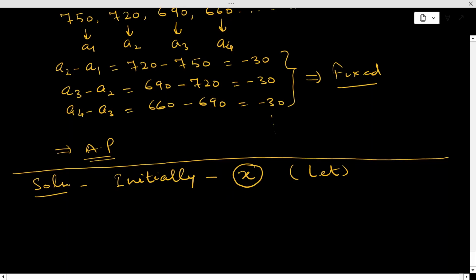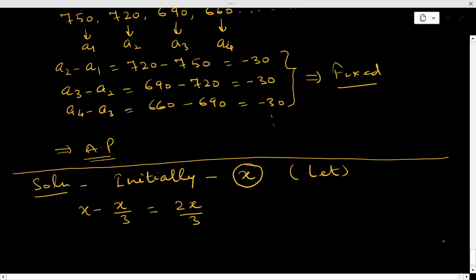So initially we are having the volume of the air as X, and the pump will remove 1/3, so X minus X by 3, which is 2X by 3.